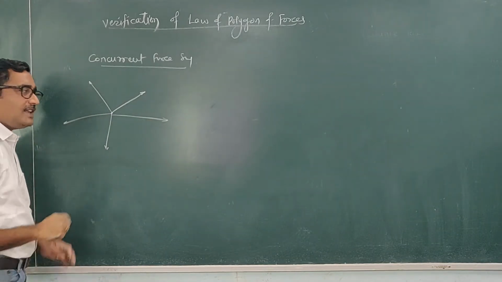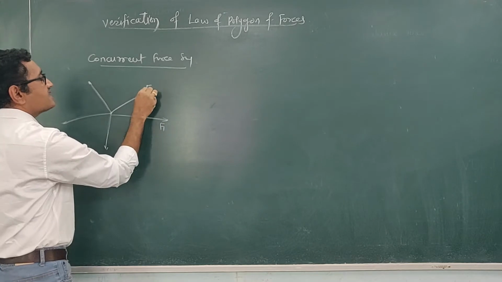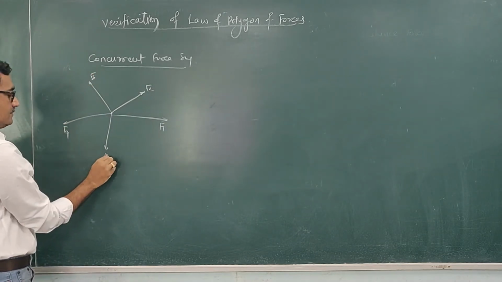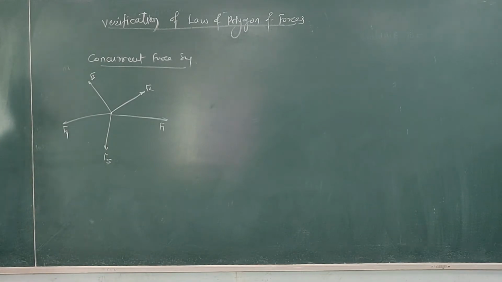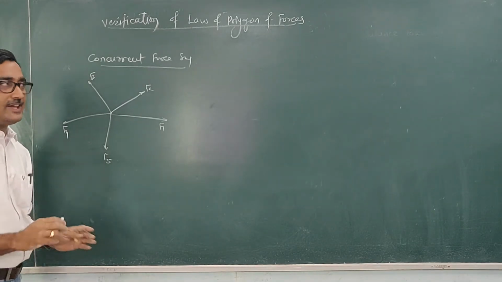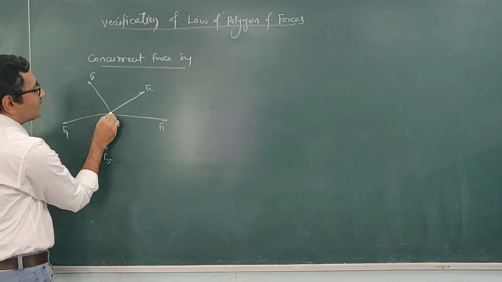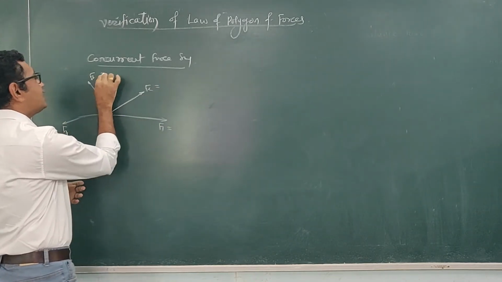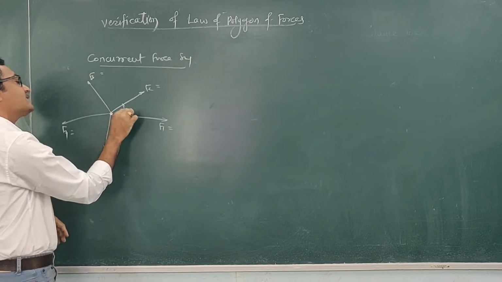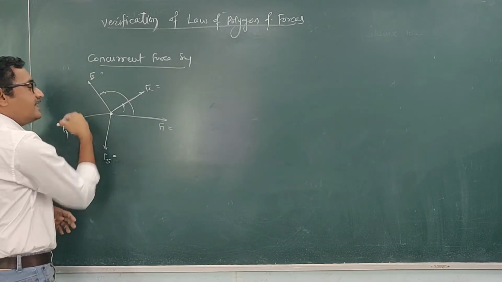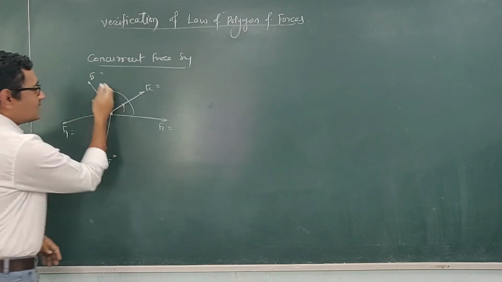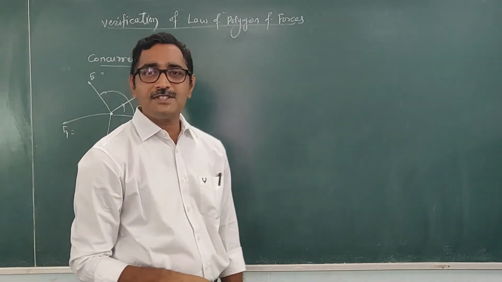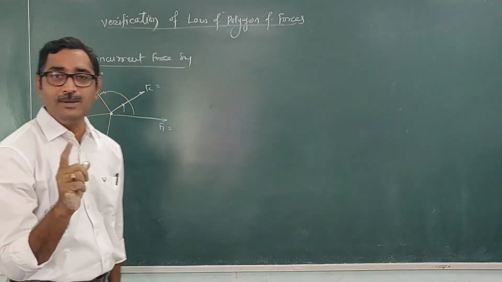In our laboratory, we are going to produce such a force system, which consists of 5 forces. For this force system, we adjust the magnitudes of all these 5 forces and their angles, or directions, such that the force system is in complete equilibrium.